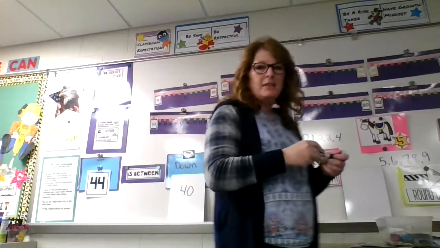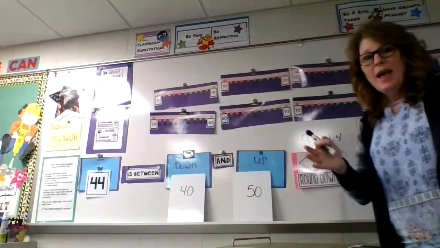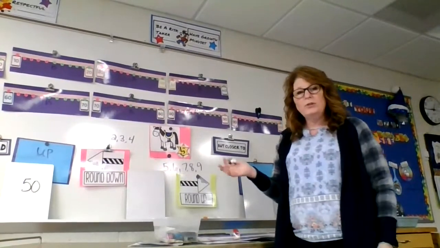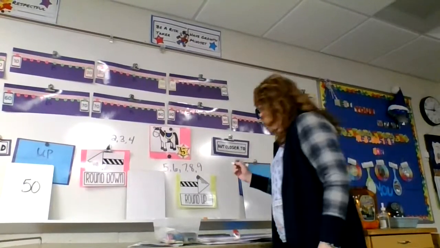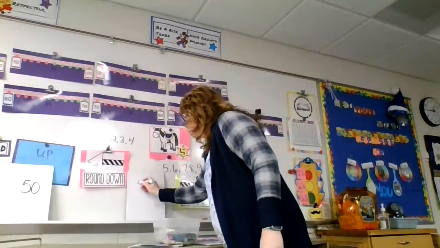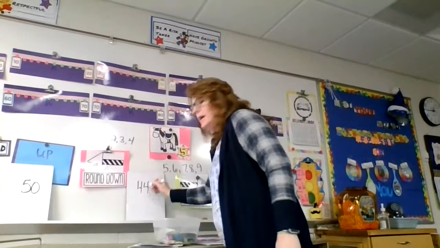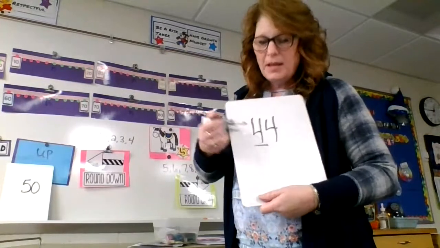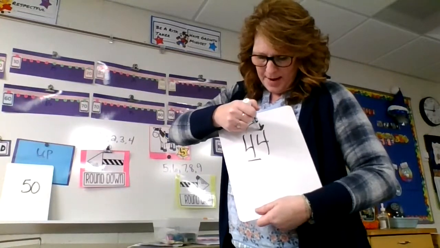Now we have this magic horse. And the magic horse will tell us where to do our rounding. See, our number is 44. And we're rounding to the tens place value, which is the first 4. So when we round to that first place value, we have to look at the neighbor.